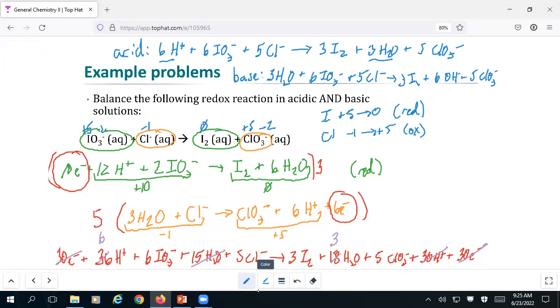So that's the only difference. If you have to balance in base, you just got to do one extra step. You just got to flip the waters and the hydrogens around, turn the hydrogens into hydroxides.